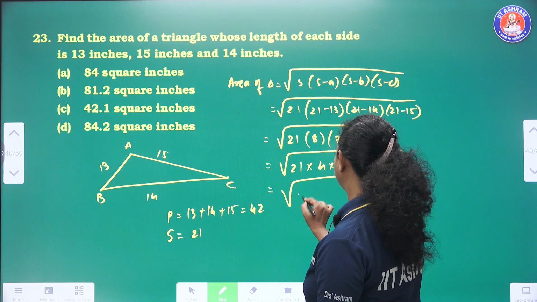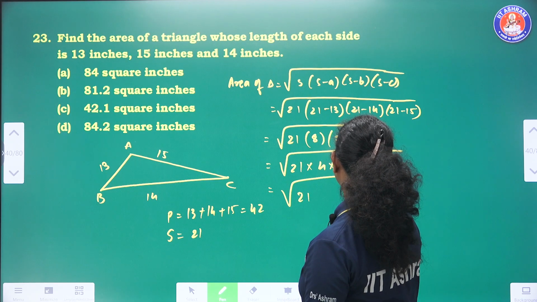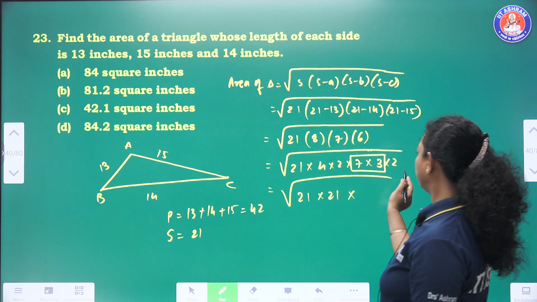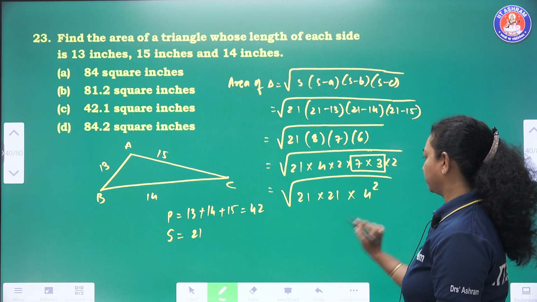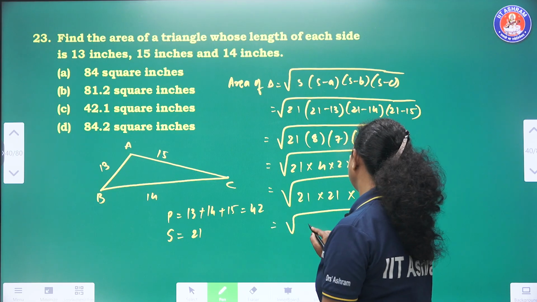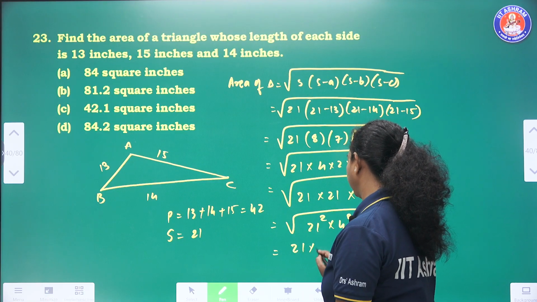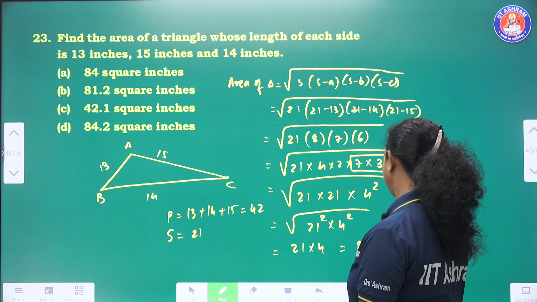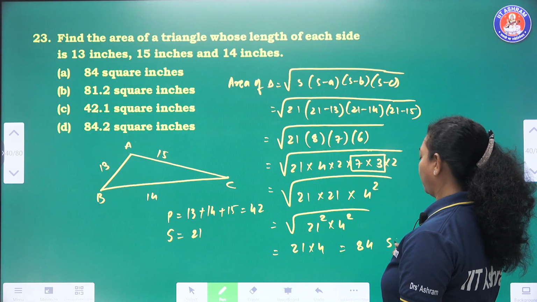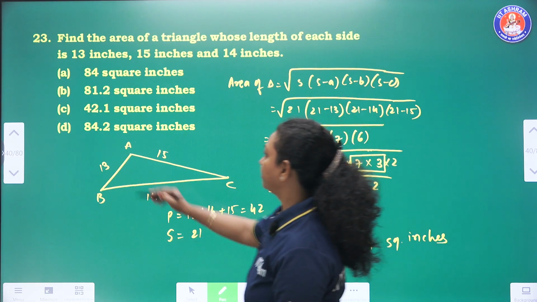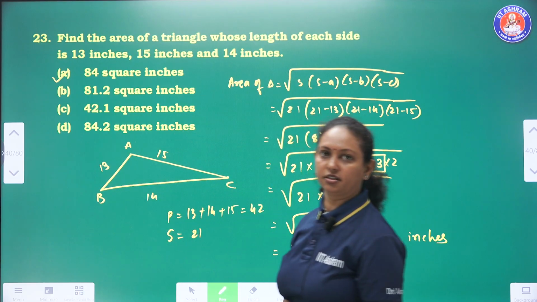So 7 into 3 is 21, and 2 twos are 4 and 4, so it is a 4 square. So ultimately it is 21 square into 4 square. So it is 21 into 4, which is equal to 84 square inches. What is its unit? So which option is correct? First option is the correct one.